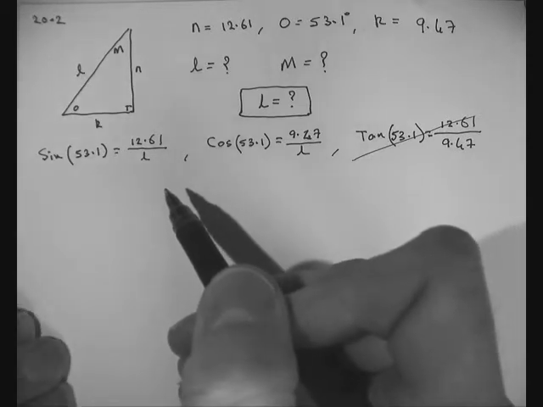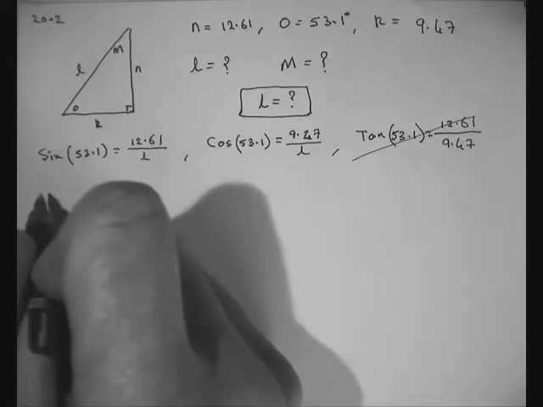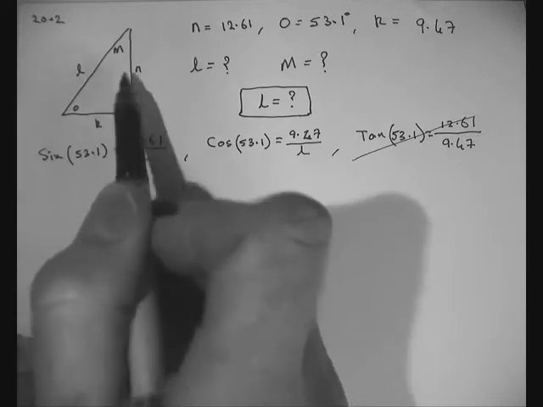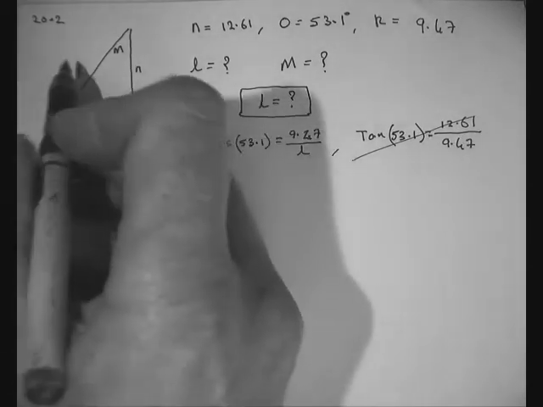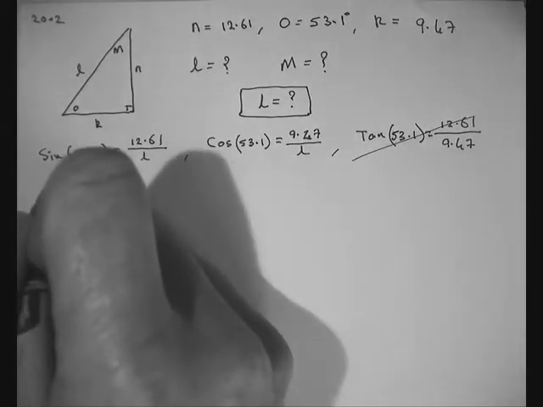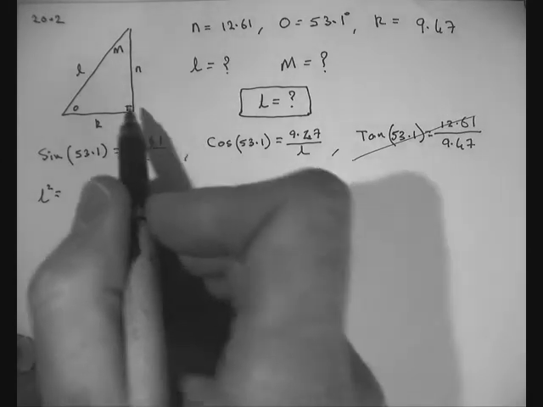Another one we can look at is Pythagoras Theorem. Pythagoras Theorem tells us that the square of the hypotenuse is equal to the sum of the squares of the other two sides. So L, we don't know what L is, we're trying to find L. So L squared is equal to the sum of the squares of the other two sides.